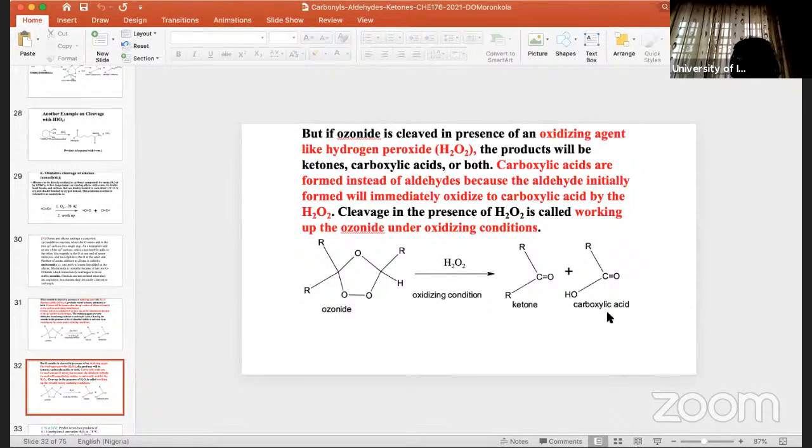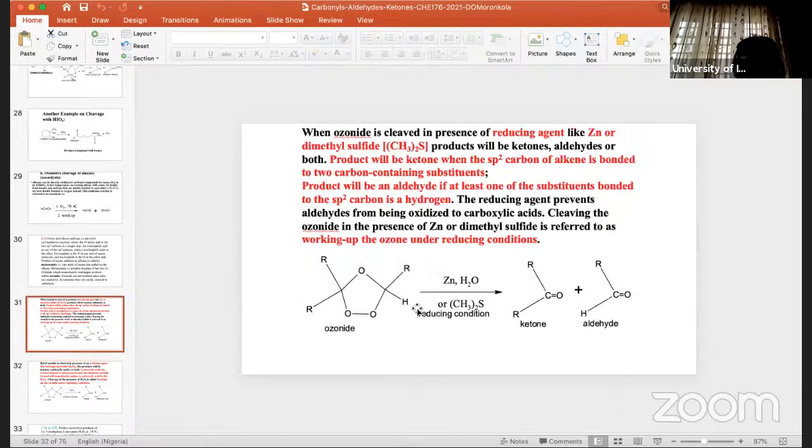In fact, that's the major difference. For the reducing condition, if you are using dimethyl sulfide or zinc, the final product remains, depending on the structure, as ketones or aldehydes, or both of them.